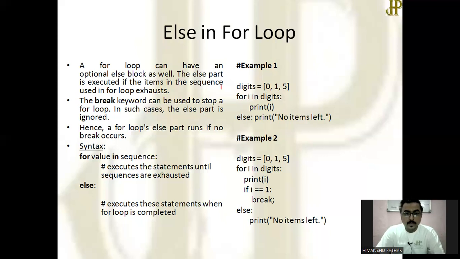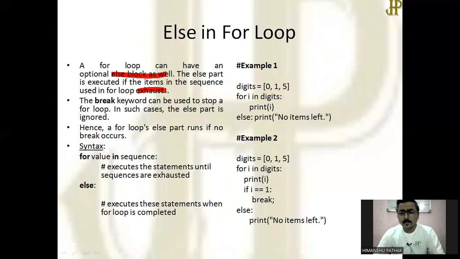A for loop can have an optional else block as well. The else part is executed when the items in the sequence used in the for loop are exhausted. Whenever we reach the last element of the sequence, only after that the else part will execute. If there is a break statement included, I will discuss in the next video the control statements break, continue and pass. But for the time being, you have to know about the break statement.